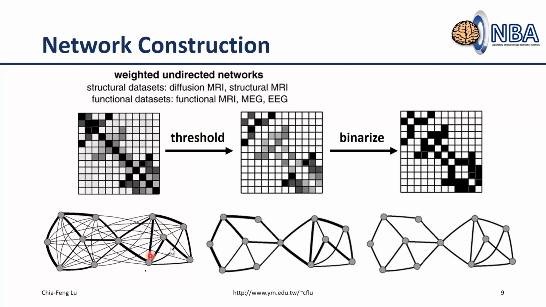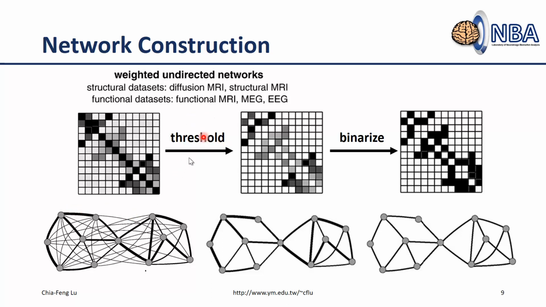Okay, so this diagram depicts how a threshold can change the appearance of the network. This is the original network. You may have so many different connections. Now we use the thickness, or width, of the line to represent the strength of the connection. The wider line means we have a strong connection.